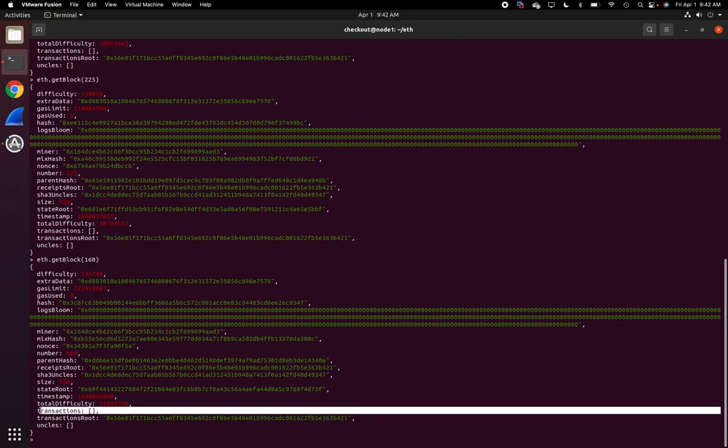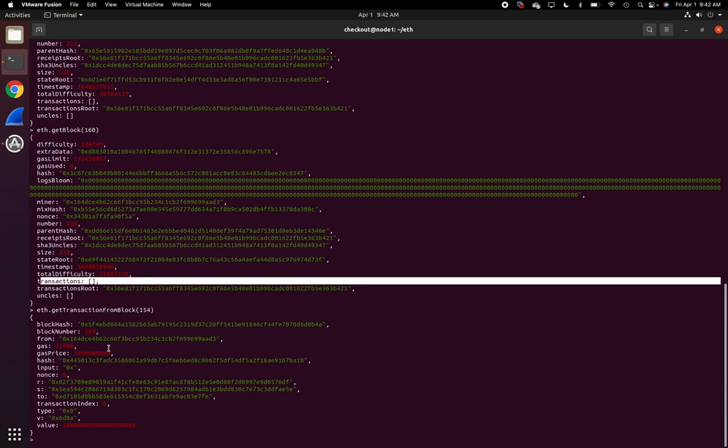And we still have 0 transactions here for some reason. Oh, it's 154. That's the actual one. 160 doesn't have it. Oh no, that's the wrong function.